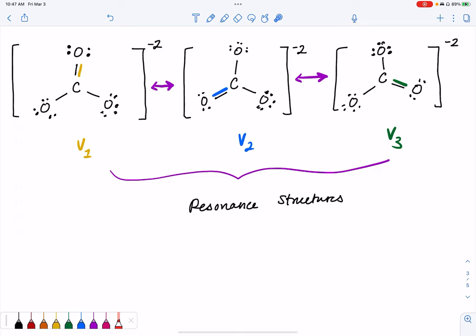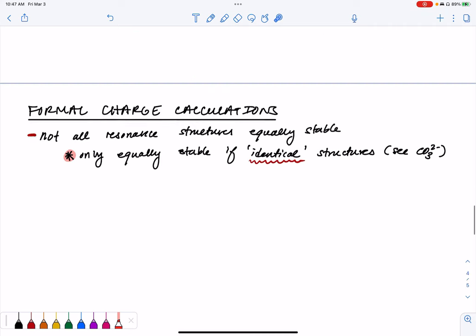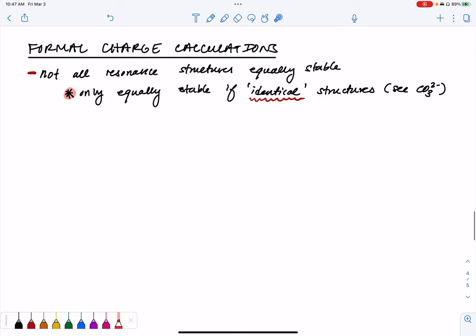So in cases like carbonate, where we have a really large degree of symmetry, like that double bond is bouncing around between elements of the same type, then that's maybe a case where we might be able to say that our resonance structures are all equally stable. But that's not always the case. It's not always the case that we have these perfectly beautiful symmetrical molecules like carbonate.